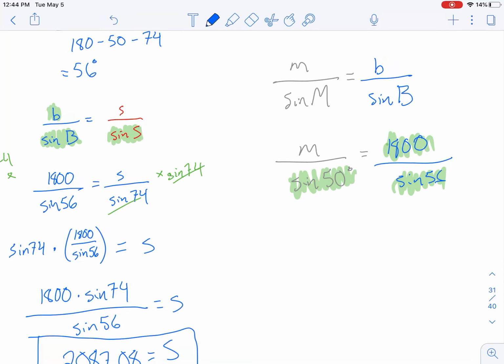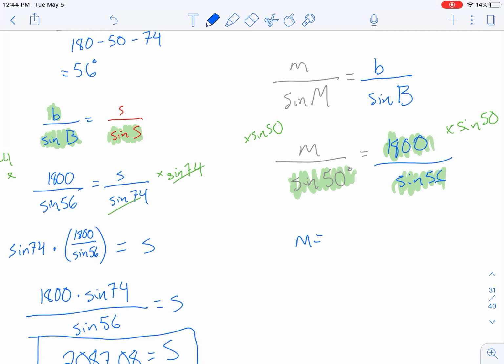Same as before, you're going to multiply both sides by sine 50. Some of you think about it this way, multiplying both sides by sine 50. Some of you think when you bring it over, you need to multiply. However you think about that is probably just fine. Stick to what you know.